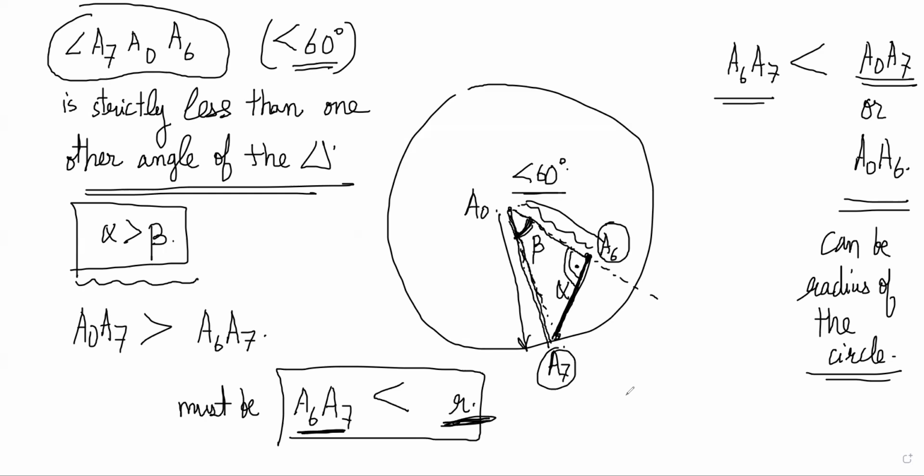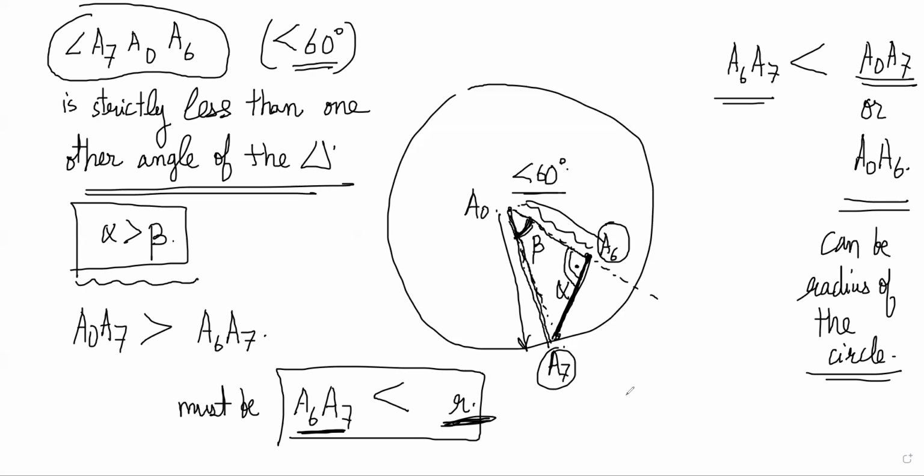Then you make a triangle A0, A6, A7. And then you say that since one angle is less than 60 degrees, there is at least one other angle which is bigger, which means at least one side will be larger than A6, A7.